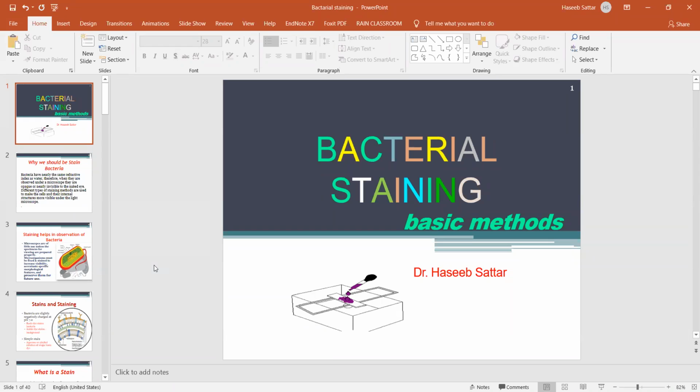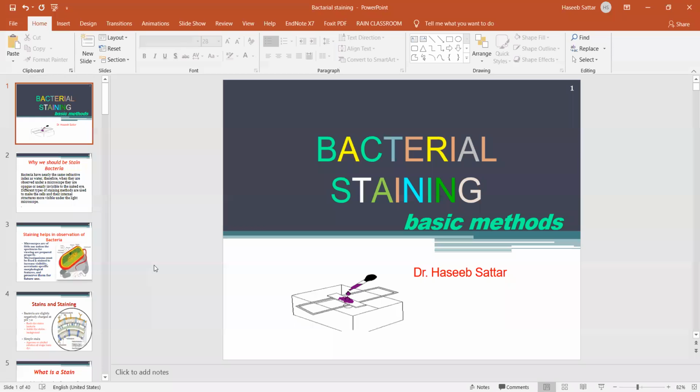So without staining, if we want to see the bacteria even under a microscope, it is impossible, because the bacteria will be invisible even though we are looking under a microscope.